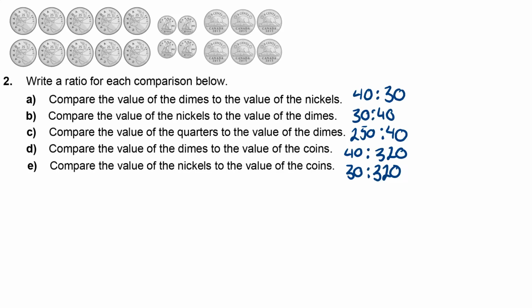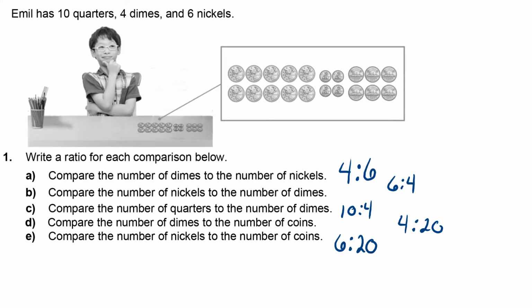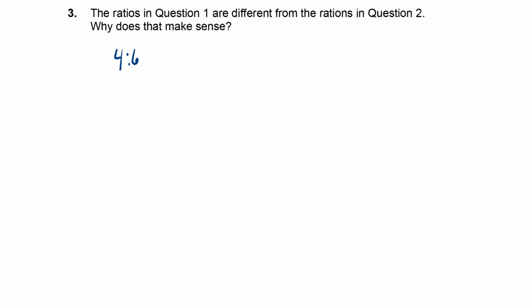The ratios in question 1 are different from the ratios in question 2. Why does that make sense? Let's take the dimes to the nickels, which is 4 to 6, and compare that to the value, which was 40 to 30.